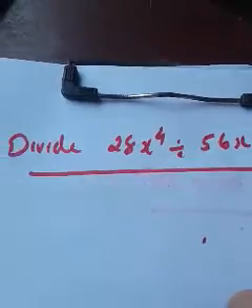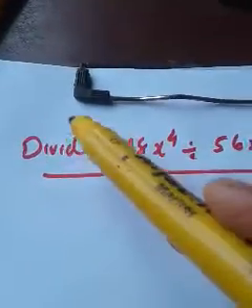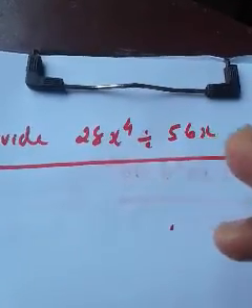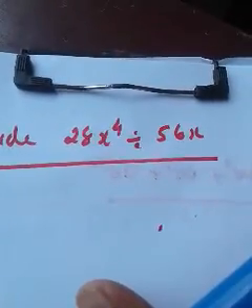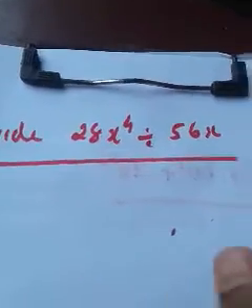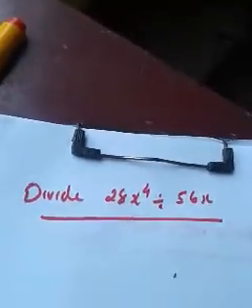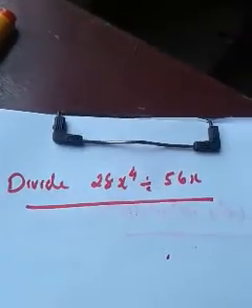Okay, so the factorization session is over. We are going to start division. But in this division we will use some properties of factorization. For example, I will show you one example. See this example.